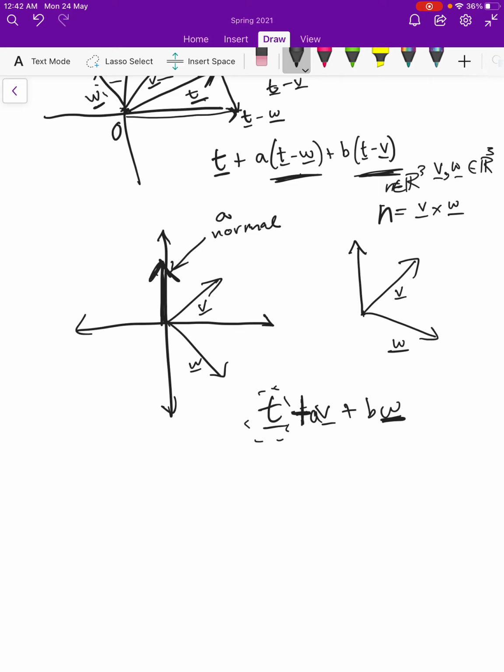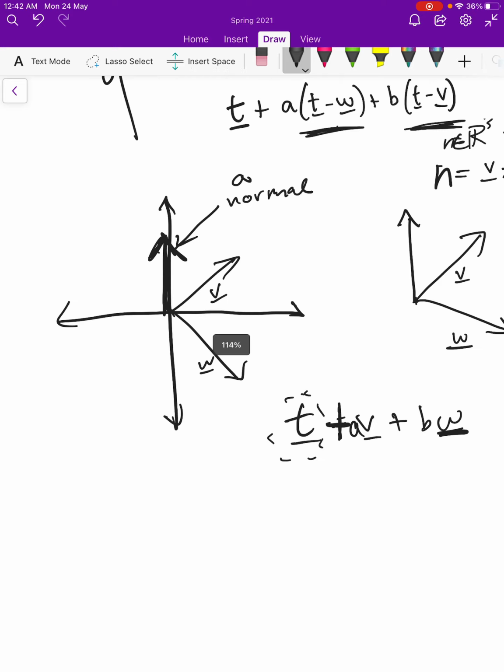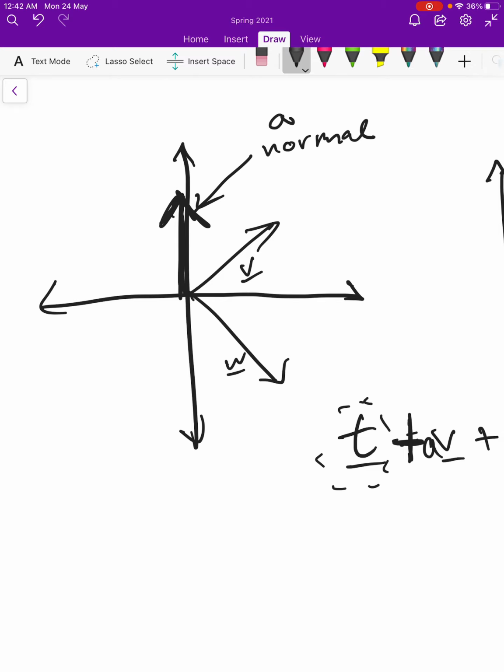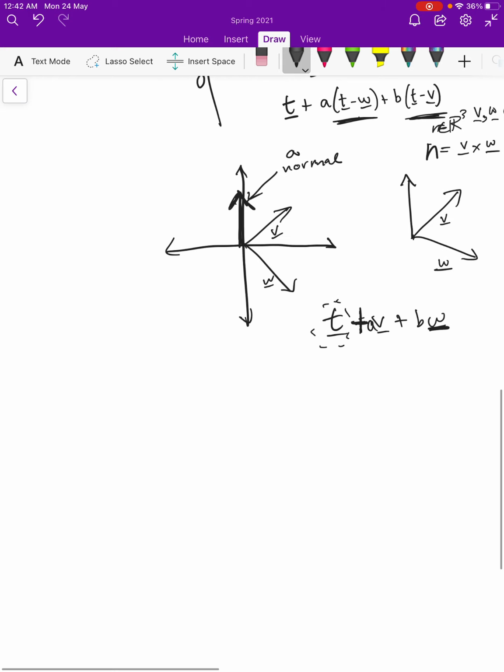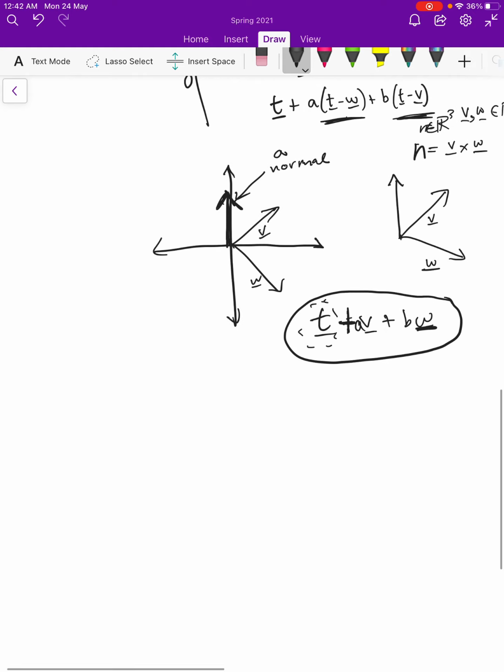But that's not what's special about these. The thing that's special about this normal is that it's always going to be normal to any point on the plane. If I give you any point here, it's going to be normal to it. On the plane, the point must be on the plane.